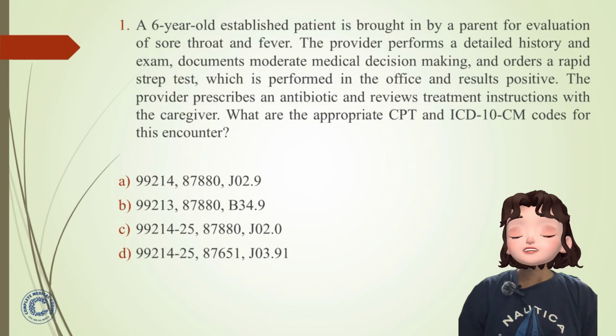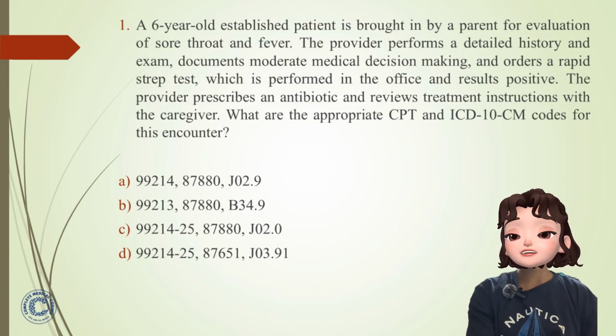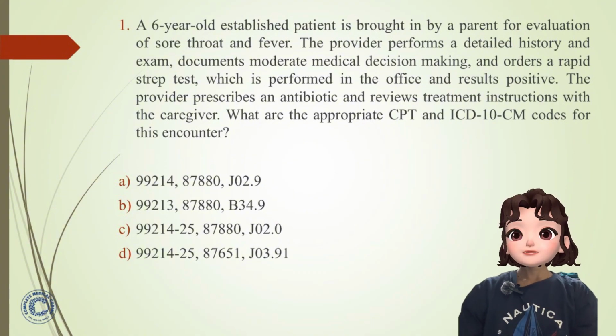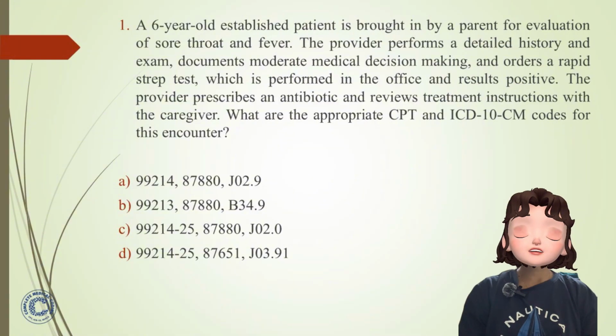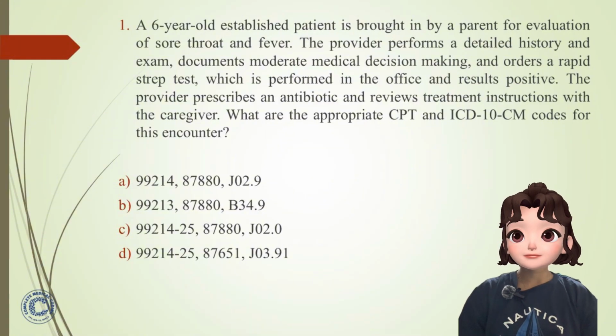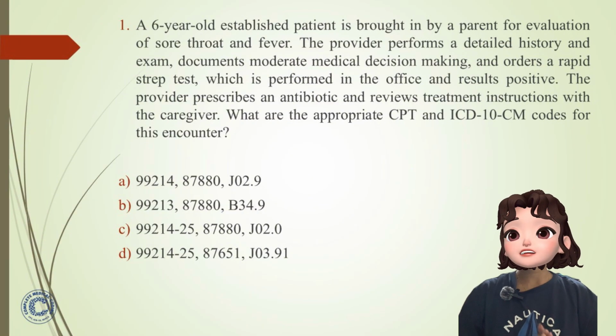Okay, in the first option, what is the diagnosis? J02.9. What is J02.9? Open your ICD code book and find it. Here in the question, what is the diagnosis? The provider performs a detailed history and examination, so that should be the E&M code, with moderate decision making, and the doctor has prescribed an antibiotic also.